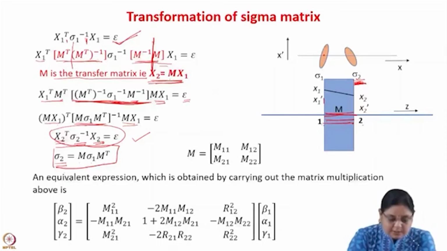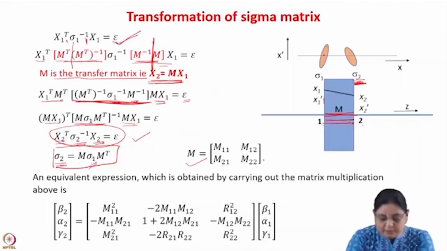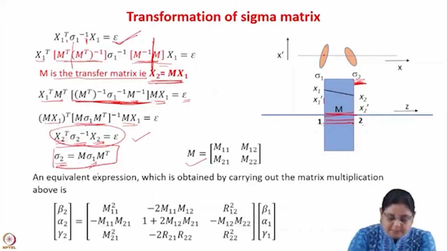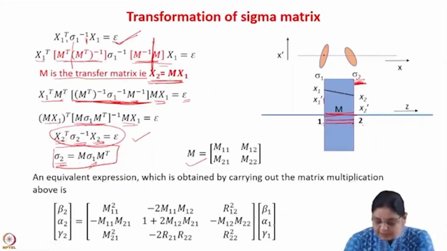So now sigma 2 is in terms of alpha 2, beta 2, gamma 2, and sigma 1 is in terms of alpha 1, beta 1, gamma 1, and M is taken as M11, M12, M21 and M22. So you can simplify this expression and write a convenient expression for alpha, beta and gamma at location 2 in terms of alpha, beta and gamma at location 1.